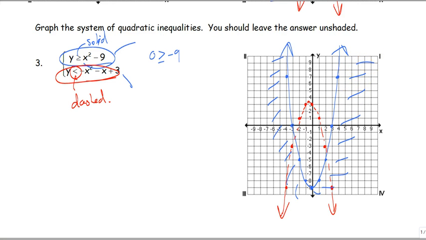Okay? Now let's try (0, 0) for the other one. Is 0 less than 3? Because those become zeros when you plug them in. That is also true. That means we do not want to shade inside this one. We want to shade outside the other parabola too. So what happens here is all of this is shaded.